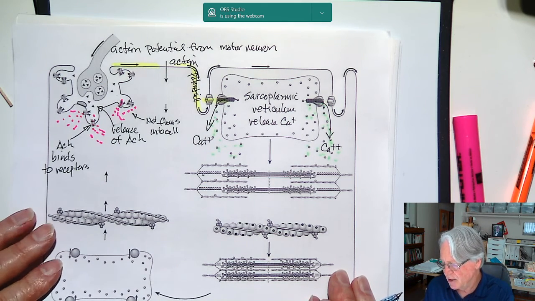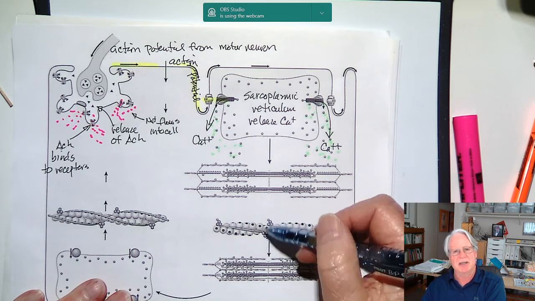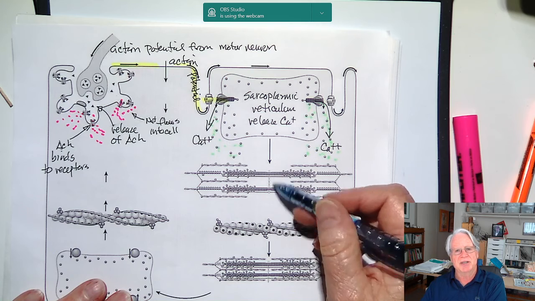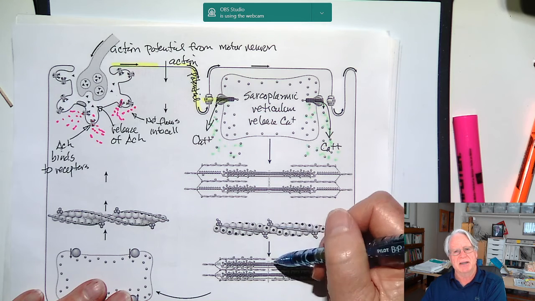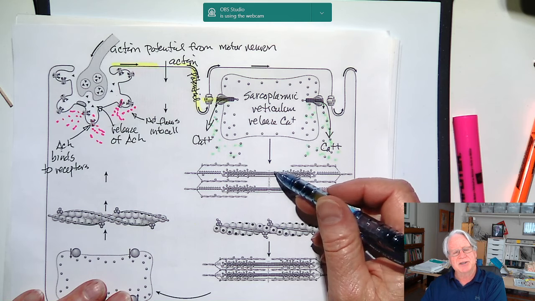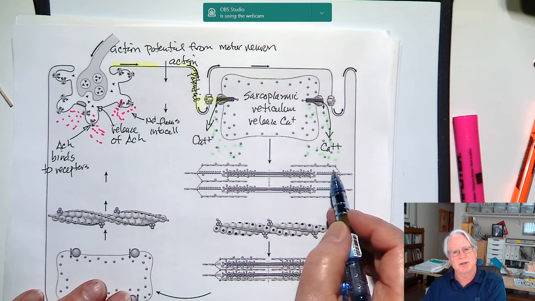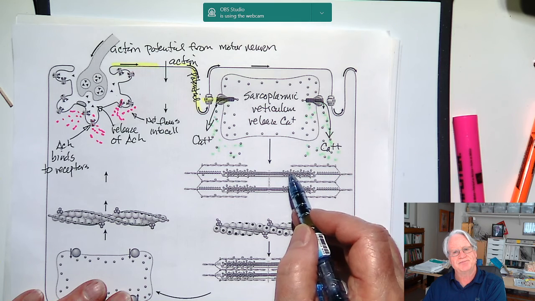All of that is happening in a split second. And at the end of all of this, as we talk about the next step, which will be actually what calcium is doing and how we generate that contraction, we'll understand that process, why calcium is so important in this process.